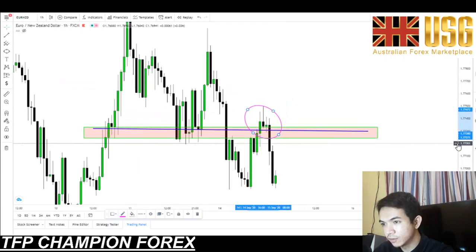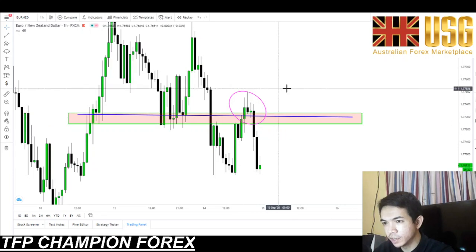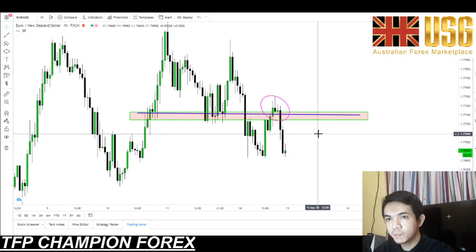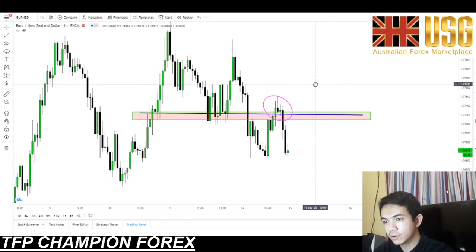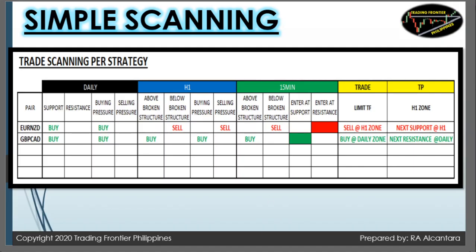Considering we have selling pressure from this candlestick formation, I even have a bearish engulfing candle, which means the momentum now is on a downside from an H1 perspective. So that is why, going back to our table, I marked my H1 time frame as: I am below broken structure. Previous support now becomes my new resistance, and I also found what?